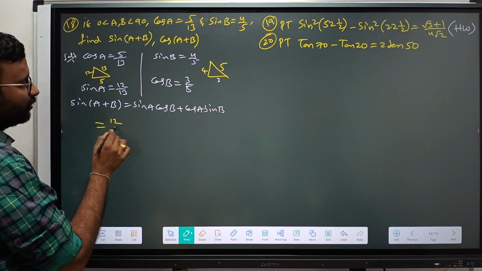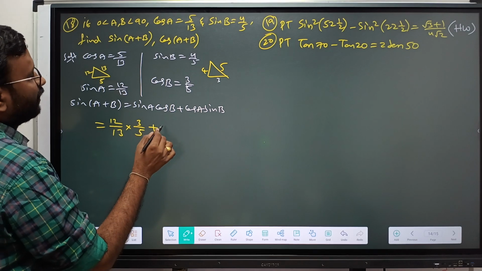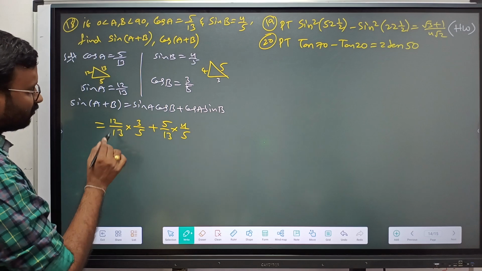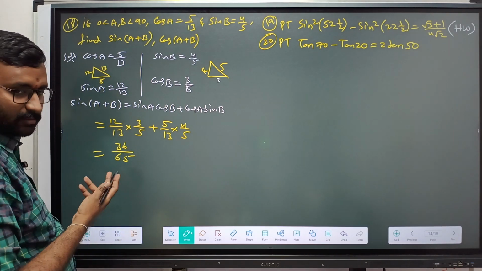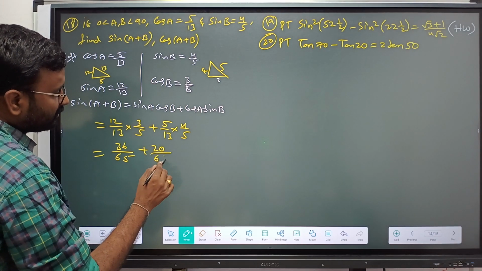Now substitute here, you will get the solution. Sin A 12 by 13, cos B 3 by 5, cos A 5 by 13, sin B 4 by 5, which is equal to 12 times 3, 36 by 65, plus 5 times 4, 20 by 65.